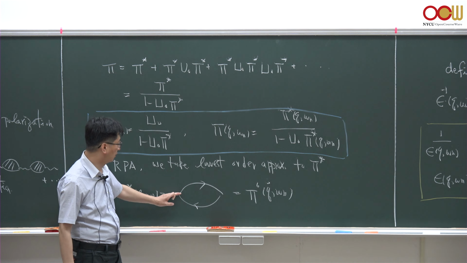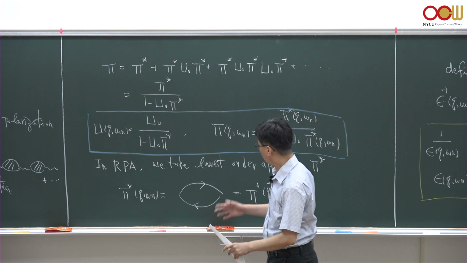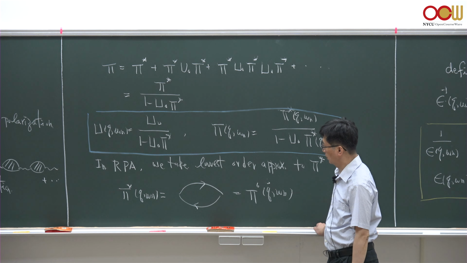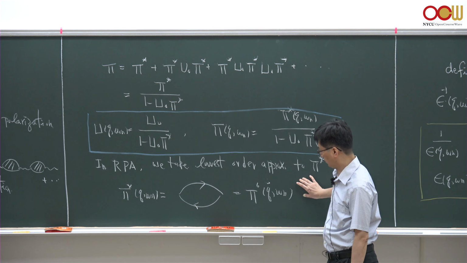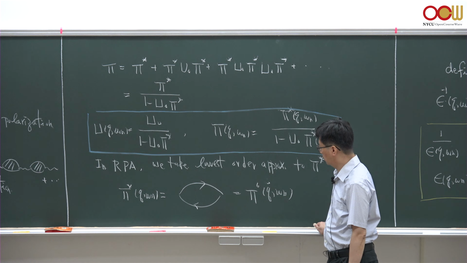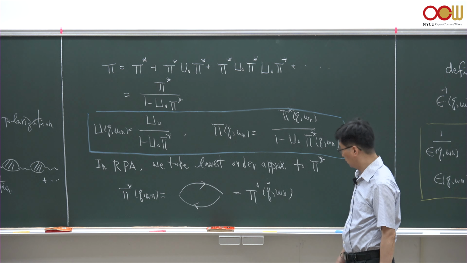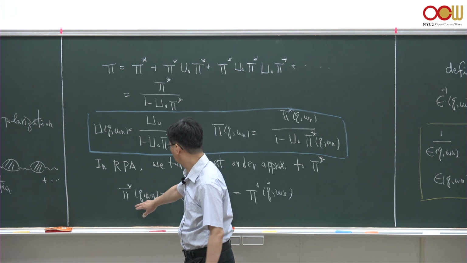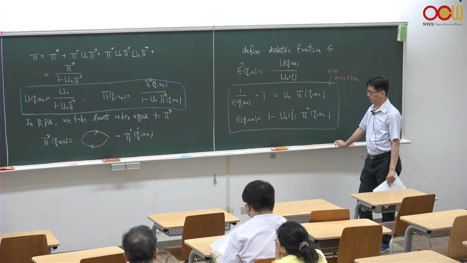But the single bubble is the lowest order term that you could get to serve as a pi star. In that regard, this is called a random phase approximation. So we single out just a bubble, this particle-hole bubble, as the lowest order approximation to this pi star, and then we only take into account such bubble diagrams.